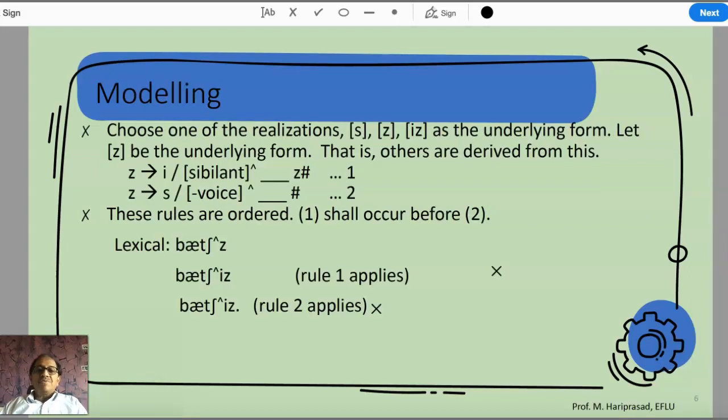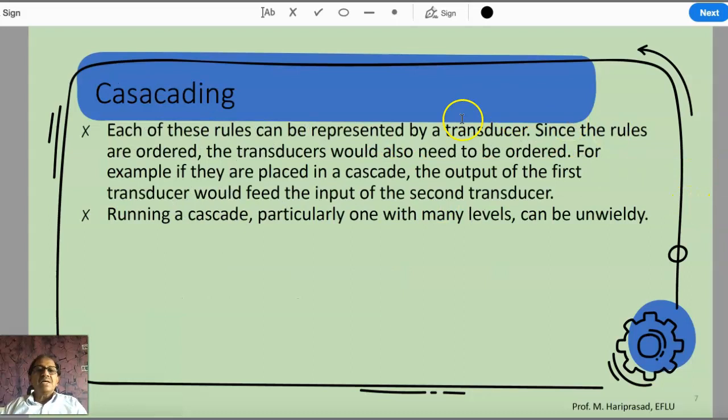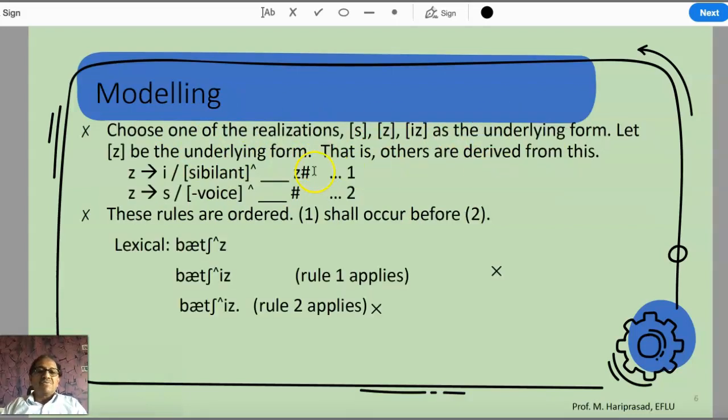When you have two or more rules like this, we need cascading. Each rule can be represented by a transducer, and since the rules are ordered, the transducers also need to be ordered. The first rule must apply first and the second rule second.